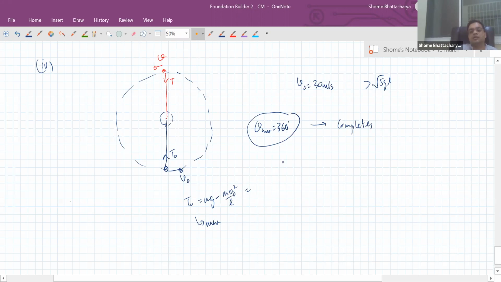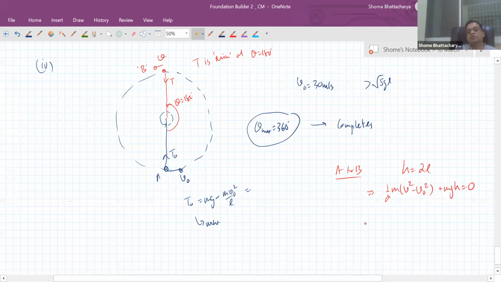Okay. But tension will be minimum at this point, where theta is 180 degrees. Okay. So A to B, we apply work energy. H is 2L. So half m (v square minus v naught square) plus mgh is 0.